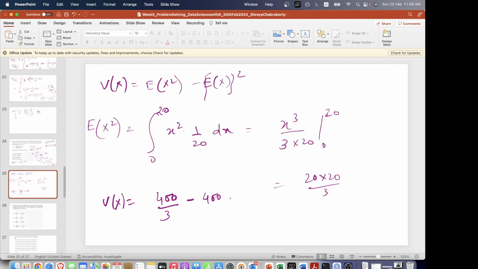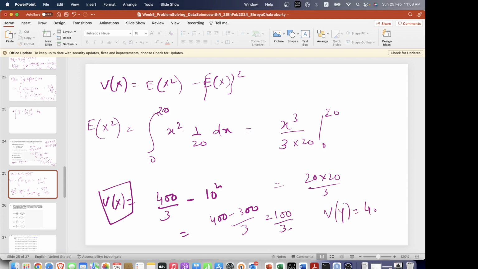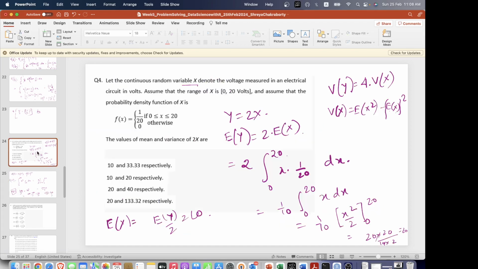So yeah, here we would have 10 square, so this would be 100. 400 by 3 minus 300 by 3. This would be 100 by 3. Yes. Okay. This is variance of x. Now variance of y would be 400 by 3. It would be something like this, 133.33.